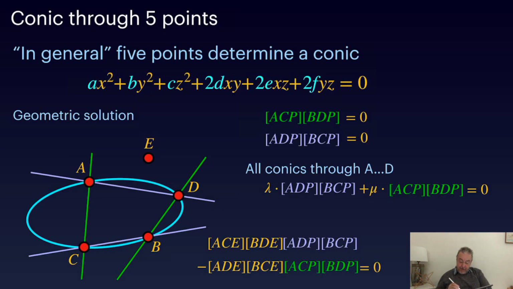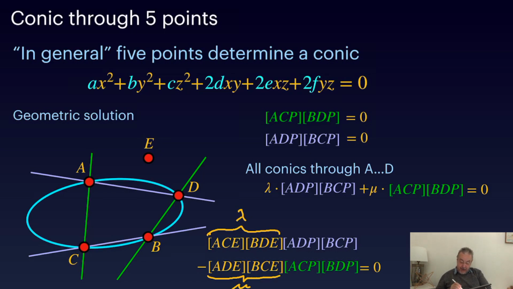So the parameters you have to choose is you have to choose this here for lambda and this here for mu. So why is this the case? Look what I've taken here.